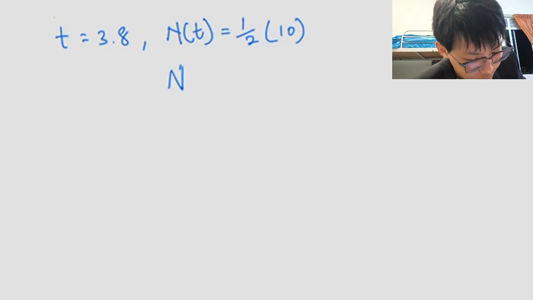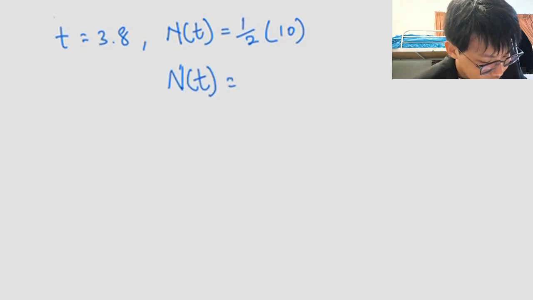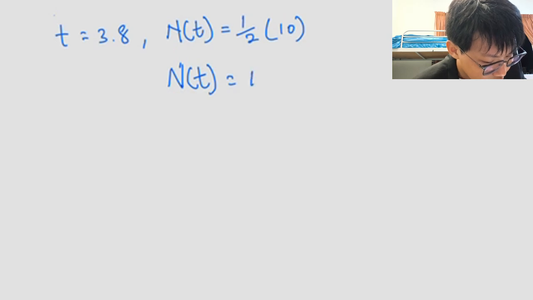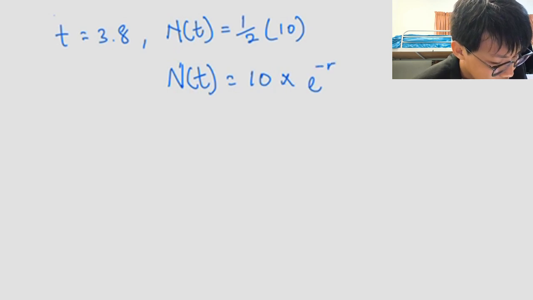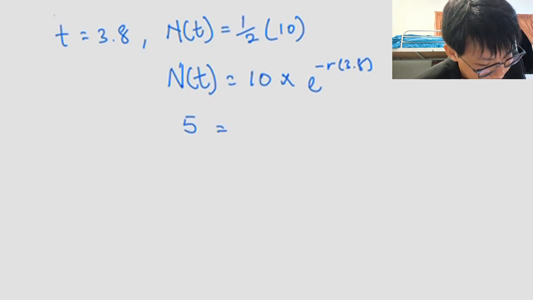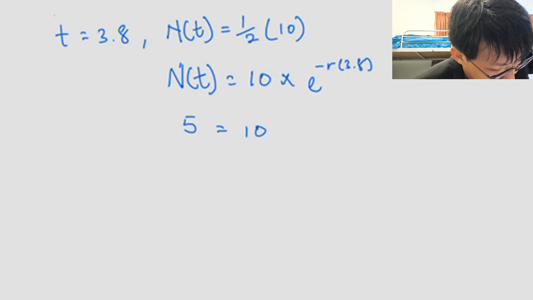From here, we know that N(t) equals N0, 10, times exponential e. R is the constant and T is 3.8, so 5 equals 10 e to the power of negative 3.8R.